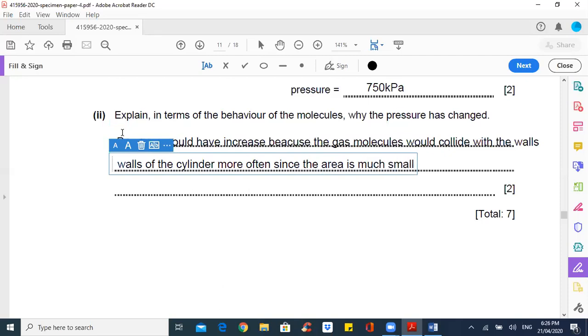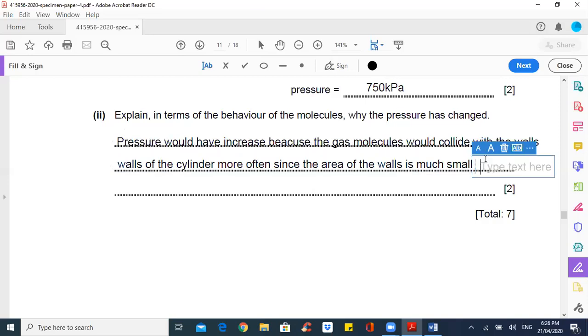Good, and the area is much smaller. Why? It was 100 cm, and we now go to 40 cm. Since the area of the walls is much smaller, you get more frequent collisions. Good, and this will constitute a higher pressure.